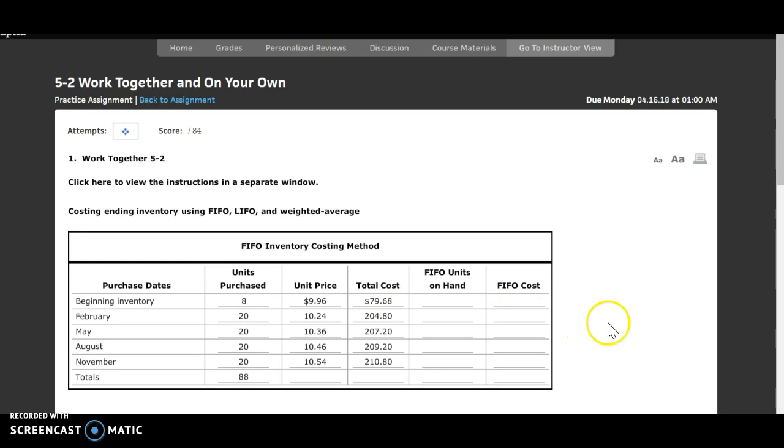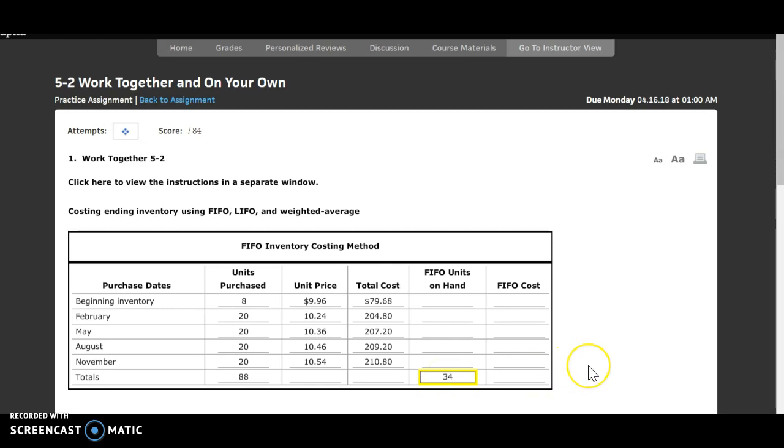Okay, so next part then is we're going to figure out FIFO units on hand. So first in, first out means the first stuff that we bought is going to be the first stuff that we sell. So this top part should be blank. Remember, first in, first out tells us we're going to start at the bottom. Okay, so what I'm going to do is I'm going to put in down here at the bottom how much I have left. And if I go back to my directions, it tells me I have 34 units.